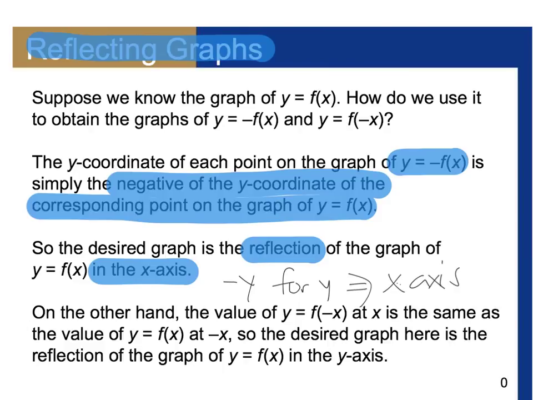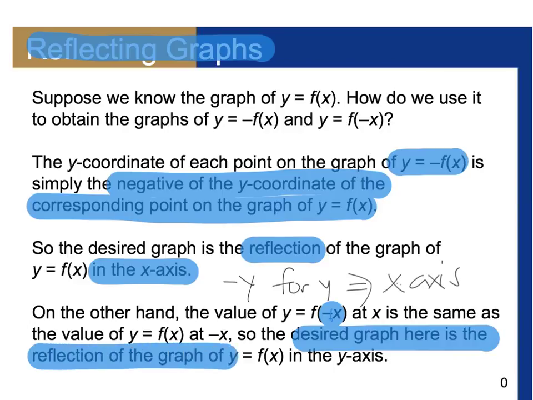And then similarly, if we put in minus x instead of x in our function, so we have minus x here instead of x, so we're looking at f of minus x. Then the graph that we have is a reflection of the original graph on the y-axis. So if you have minus y for y, you're reflecting across the x-axis.